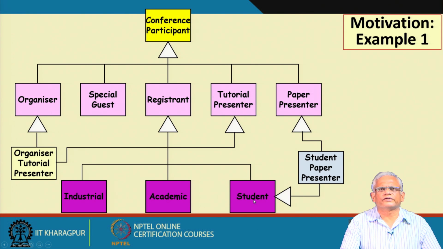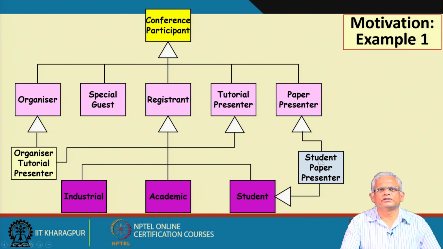But then later we found that a participant can be both a student and a paper presenter. A student also can present a paper, and therefore, we had this class student paper presenter, which basically features both student and paper presenter.